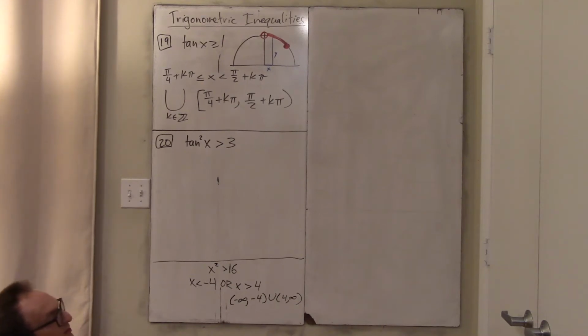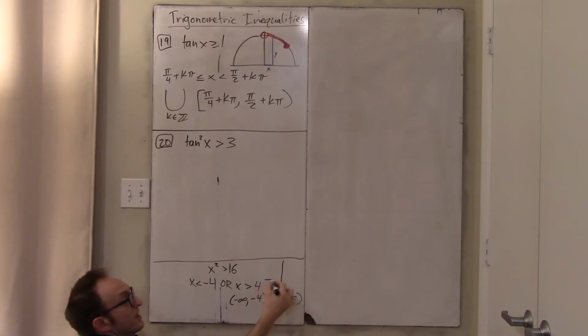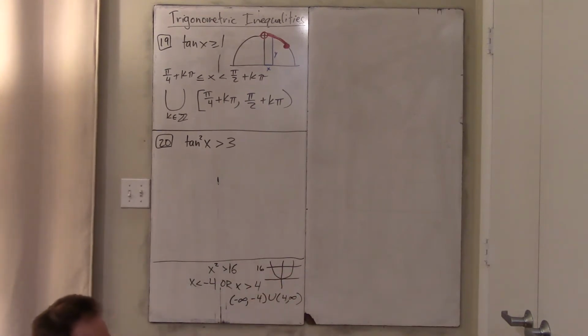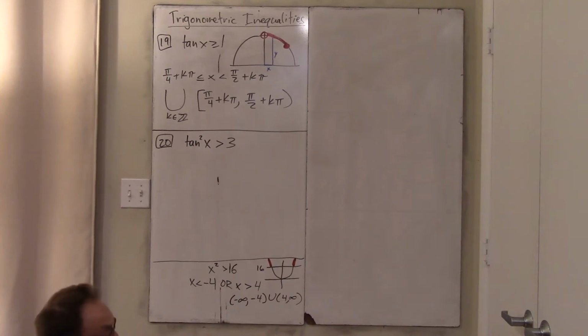So that's the right answer. Are there other ways to do this? Sure there are. There's the way in which you just think of the graph. Maybe you have some kind of parabola in mind, and you ask yourself, when is it bigger than 16? And the answer is going to be over here when x is bigger than 4, and over here when x is less than negative 4. That's one solution.